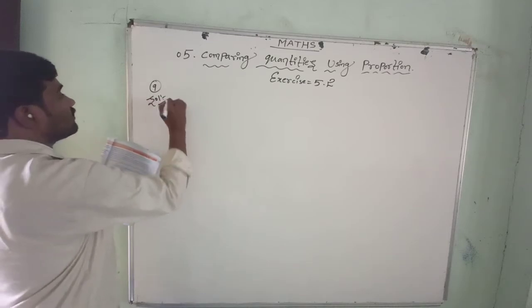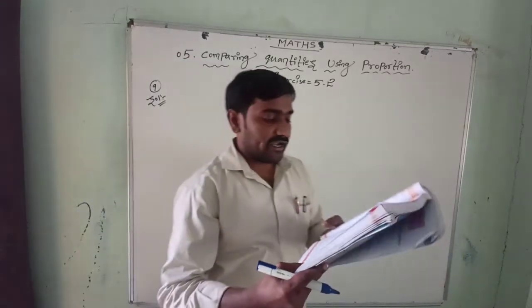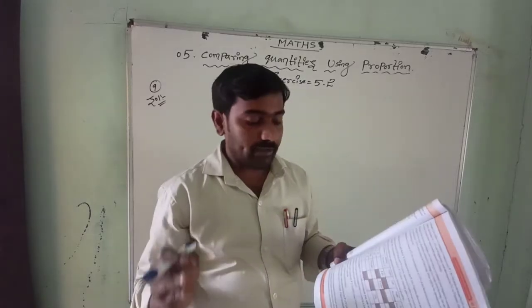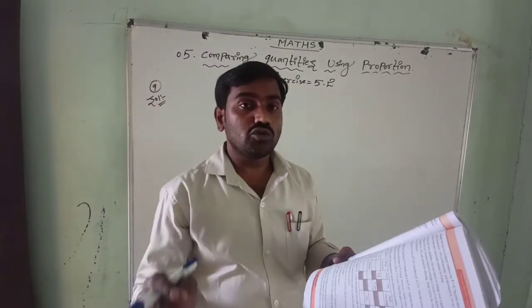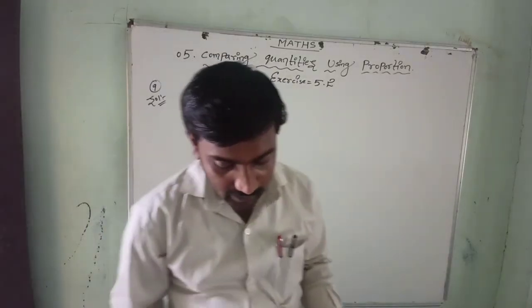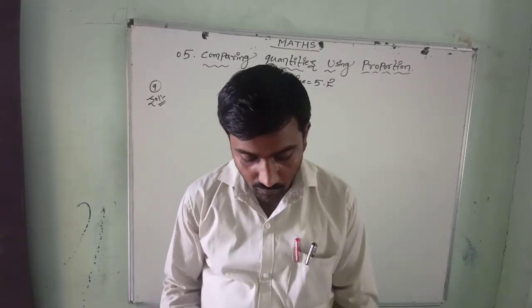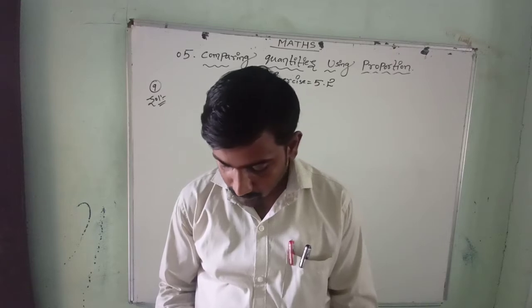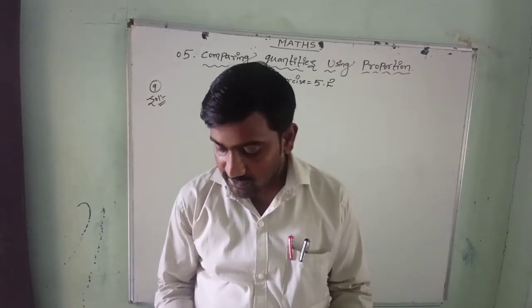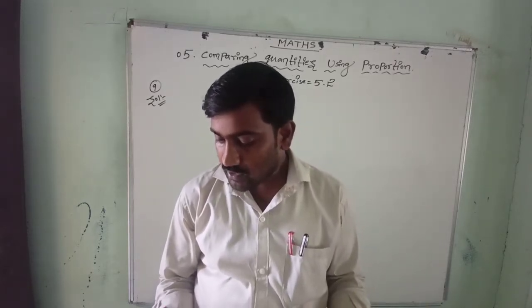First one is question number 9. A table was sold for rupees 2142, and it was a gain of 5%.